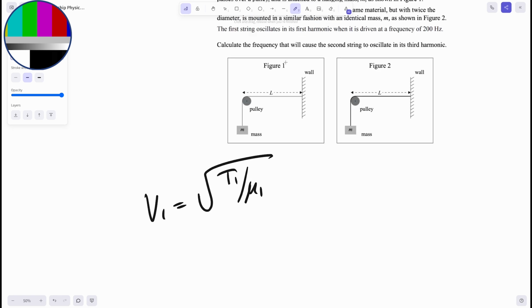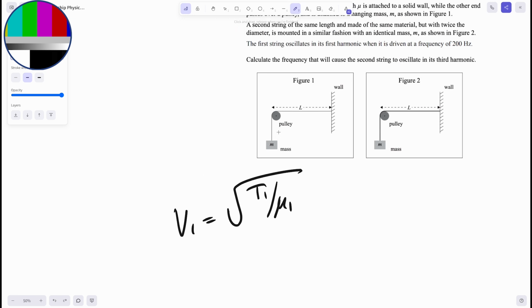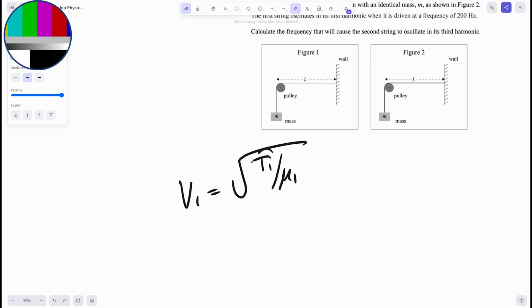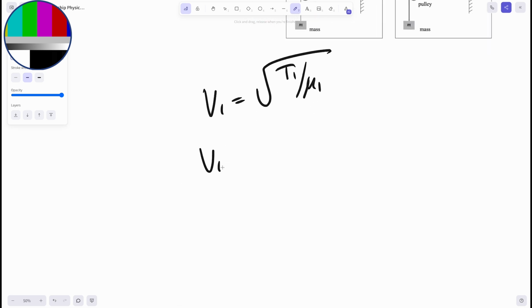So we're labeling 1 for figure 1 and 2 for figure 2. Therefore, as our tension force is just the force of gravity from this mass, we can replace that over here and get V1 is equal to the square root of m1g over mu1.